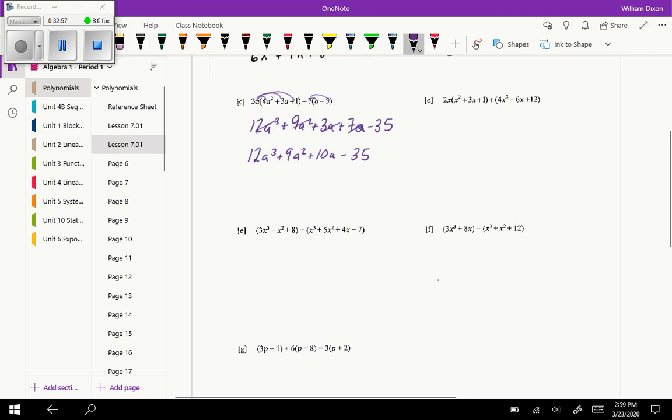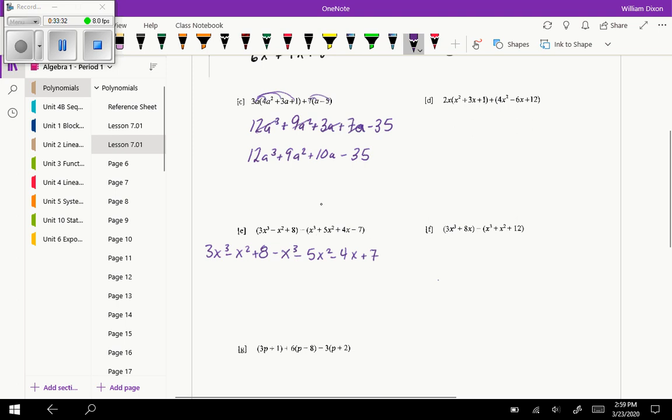All right, so I'm going to have 3x cubed minus x squared plus 8, and now I have minus x cubed minus 5x squared minus 4x plus 7. That's really important, because if you don't distribute that negative 1 to every term inside those parentheses, we're going to get totally different answers.